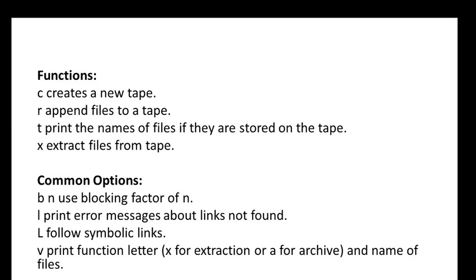These are the functions, and some of the common options are: b uses blocking factor of n, l prints error messages about links not found, capital L follows symbolic links, v prints function letters, x for extraction or a for archive and name of files.